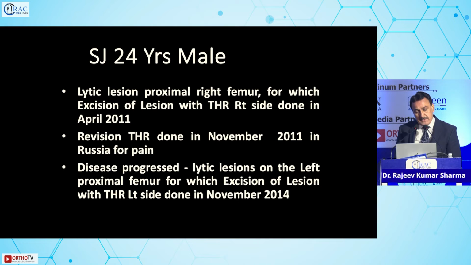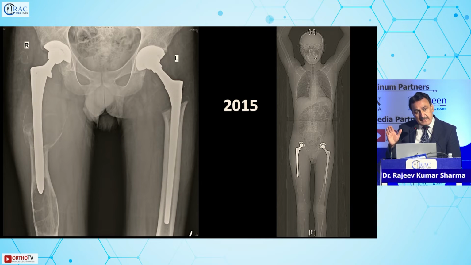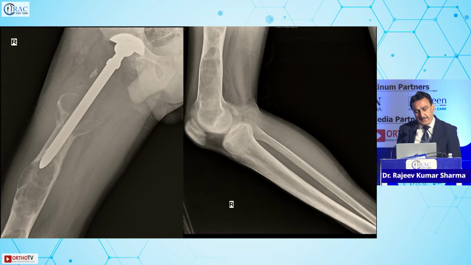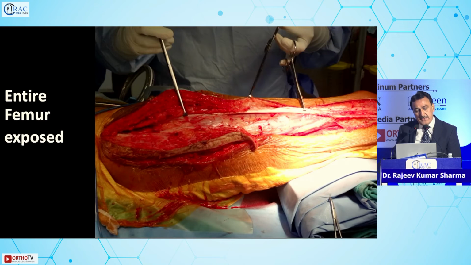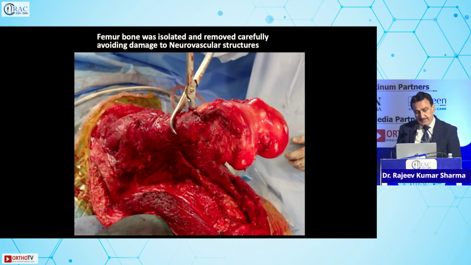Another example, a patient having a lytic lesion in the proximal femur extending right up to the distal femur. You see it here, that the lesion was extending almost throughout the femur. So the decision was made to do the entire femur replacement.